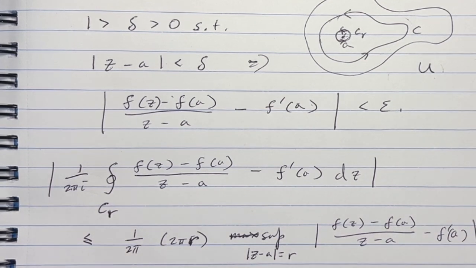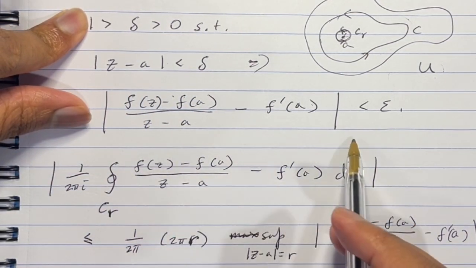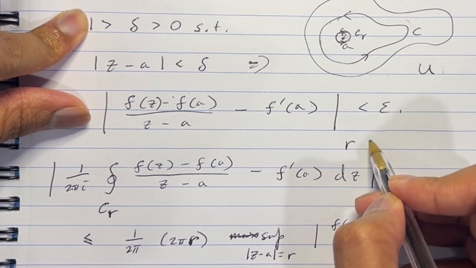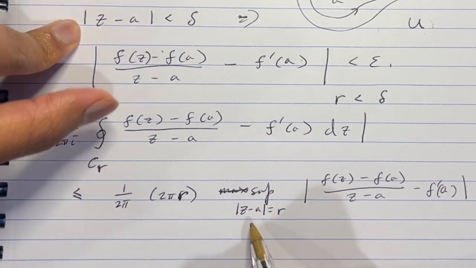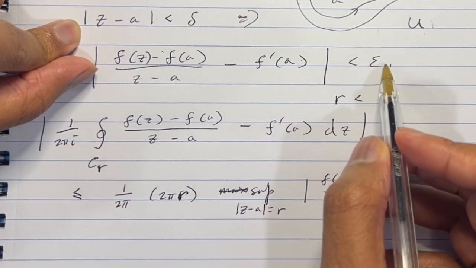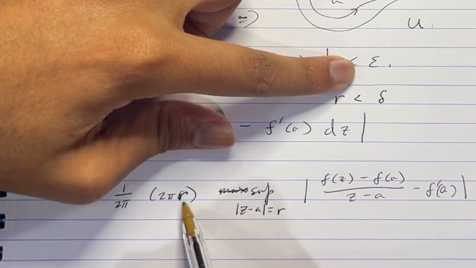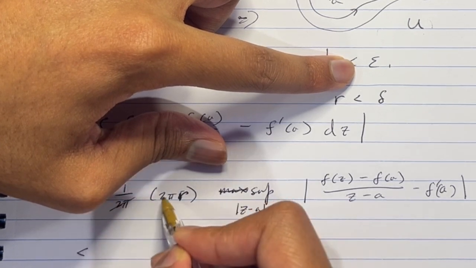To upper bound this, because we chose a delta for which this is true, we just say r is less than delta. So that means |z minus a| is less than delta, which means using this we get this whole thing is less than epsilon, and also r is less than delta. Putting that together, the 2 pi's cancel.